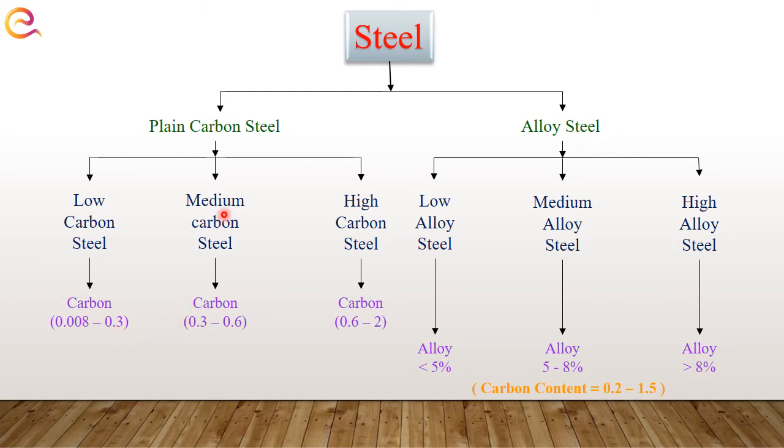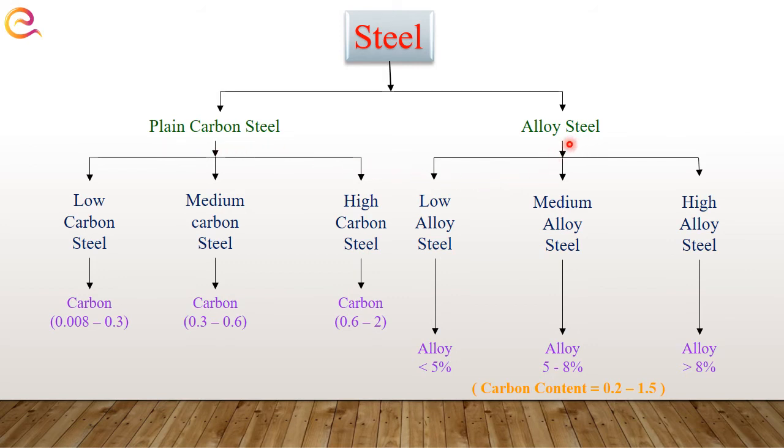Then in medium carbon steel, the percentage of carbon varies between 0.3% to 0.6%. And in high carbon steel, the percentage of carbon varies between 0.6% to 2%. All these are three types of plain carbon steel.